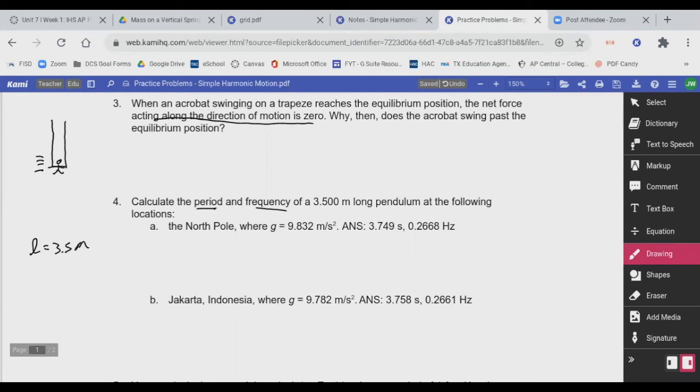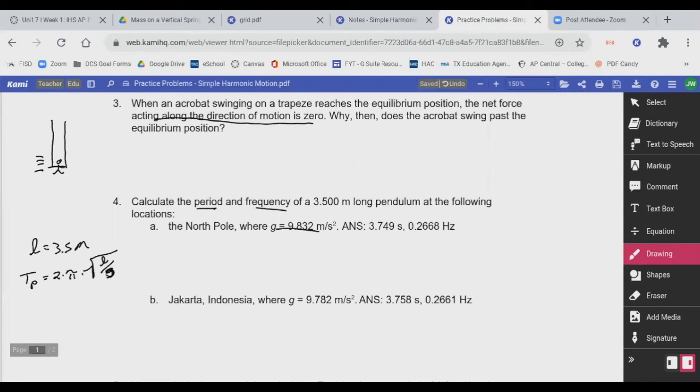North Pole, where they tell us gravity. Okay, now we're looking for period and frequency. Well, I know that the period of a pendulum is equal to 2 times pi times the square root of L over g, right?